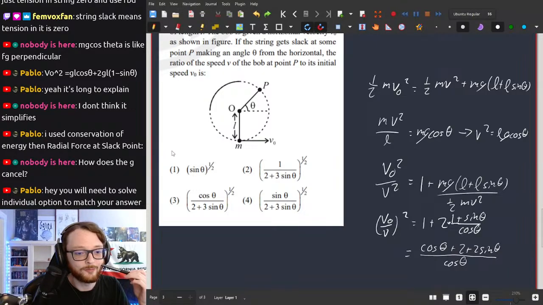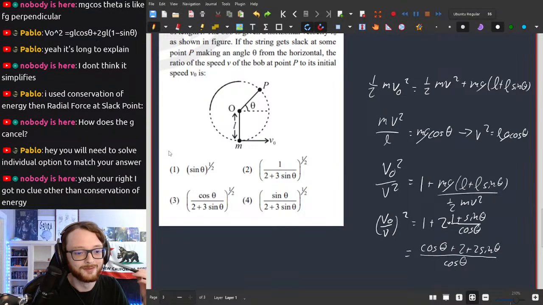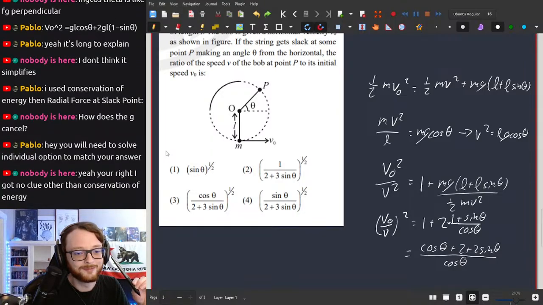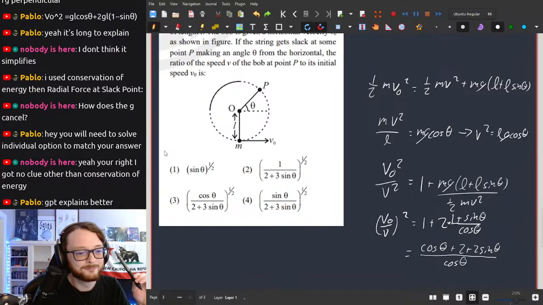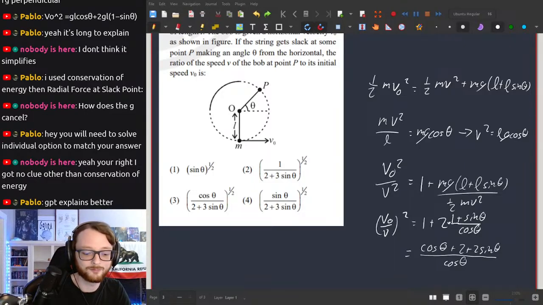I don't see any similarities. We can go to Desmos, but I don't feel like my answer is going to match any of these.